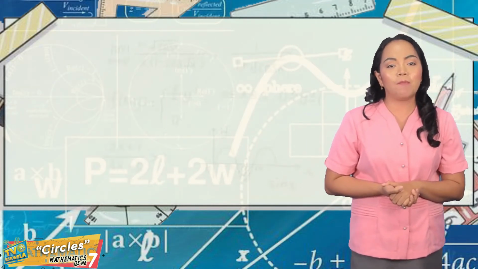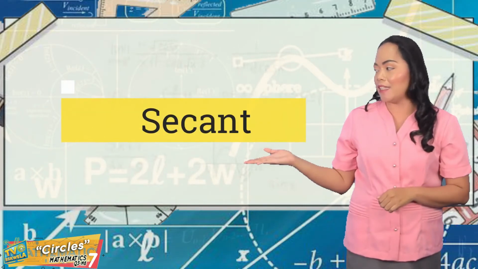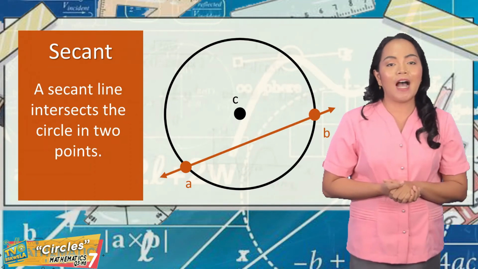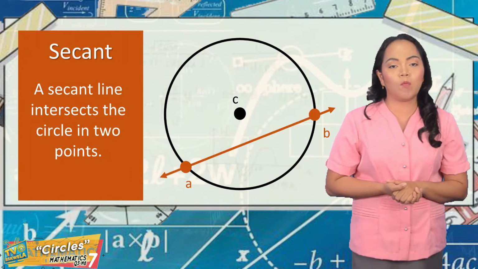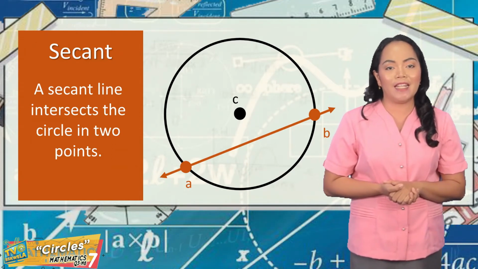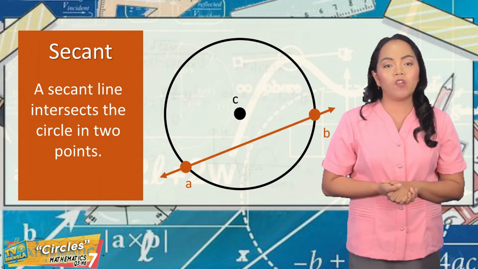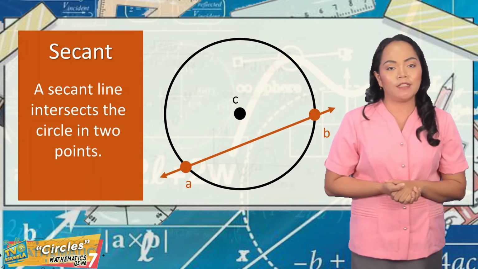Let's have another part of the circle, which is the secant. A secant line intersects the circle in 2 points. A secant of a circle is a line passing through a circle that intersects at 2 points.